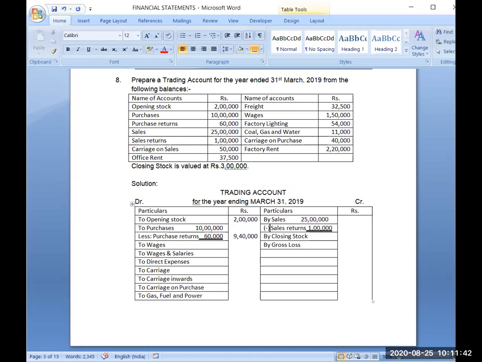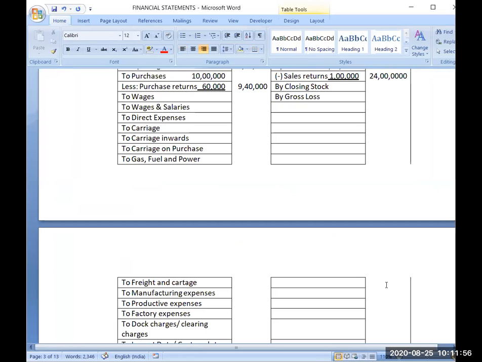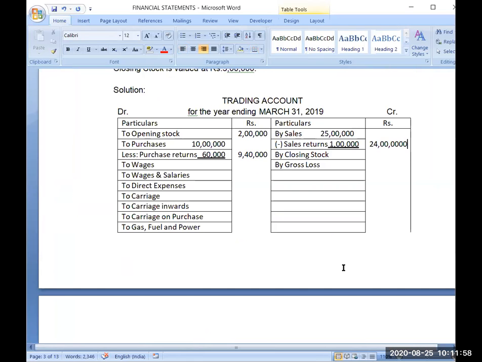So now the final amount will be 24 lakh. Till here everything is clear?